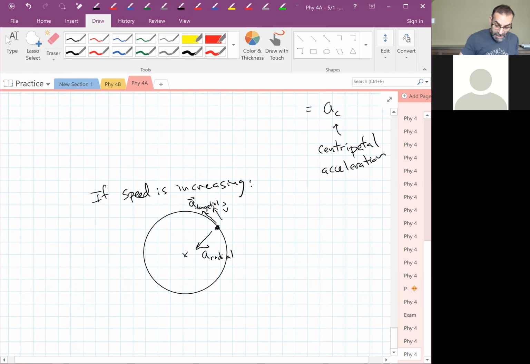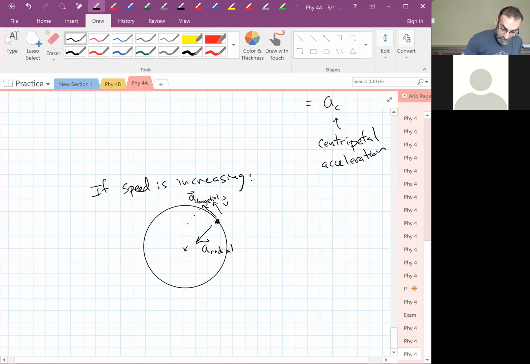So the total acceleration would be in this direction, right? But we kind of break it up and like to think about it as there's a tangential part that's causing the speed to increase, or if it was in the opposite direction, decrease. And there's a radial part that causes it to stay moving in a circular path.